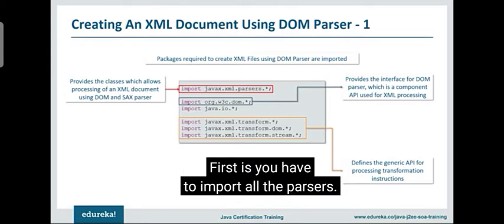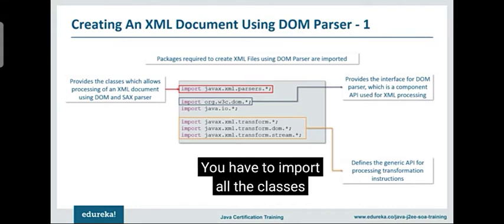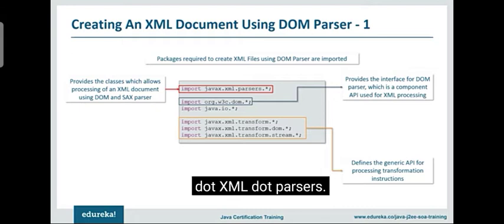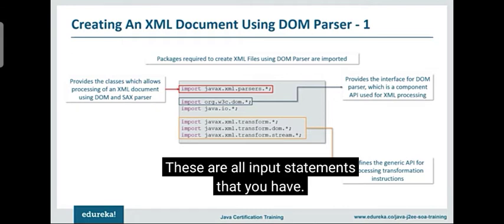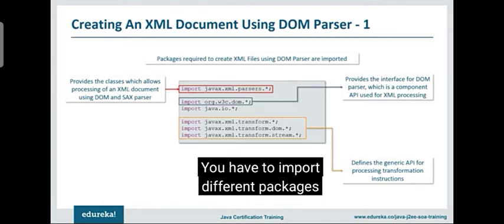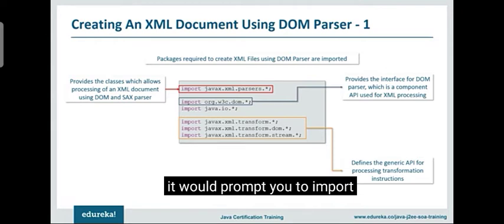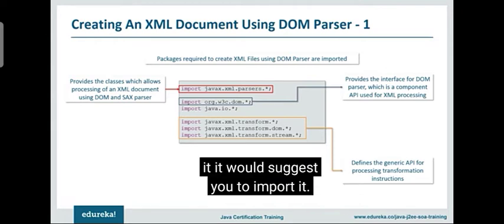First is you have to import all the parsers. You have to import all the classes that you have within javax.xml.parsers. These are all import statements that you have. You have to import different packages, which when you use IntelliJ or Eclipse, it would prompt you to import it. It would suggest you to import it.